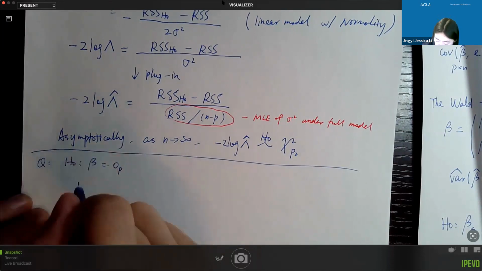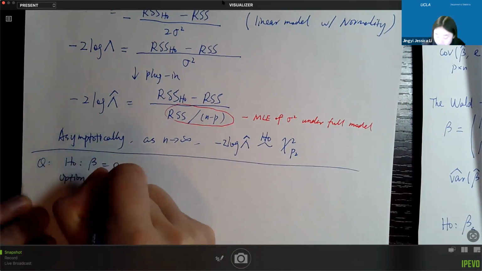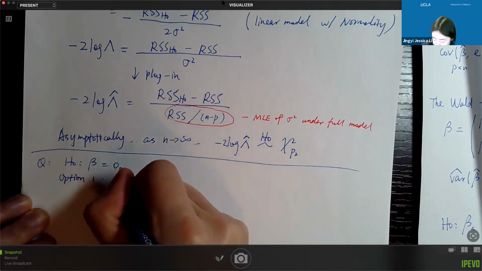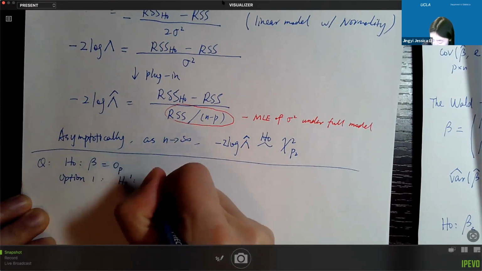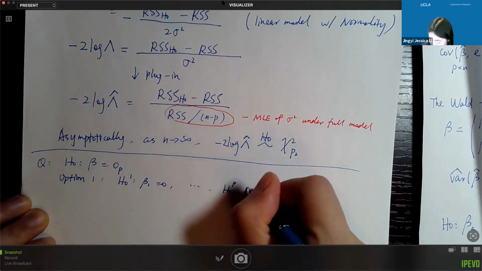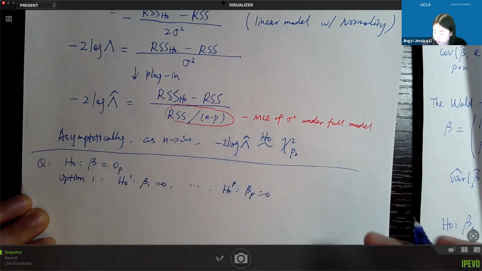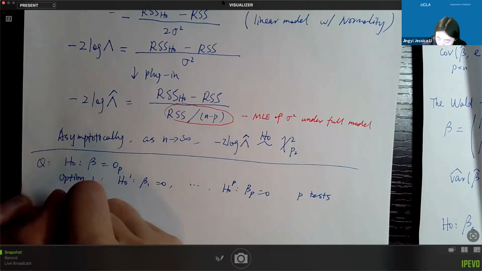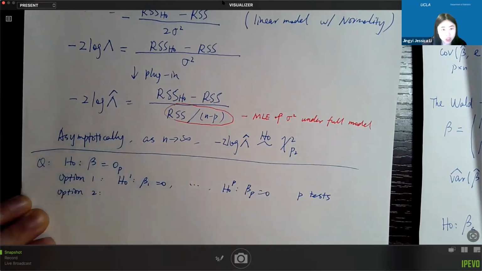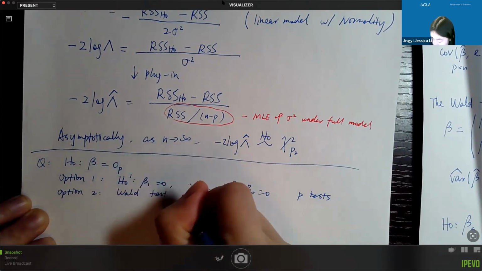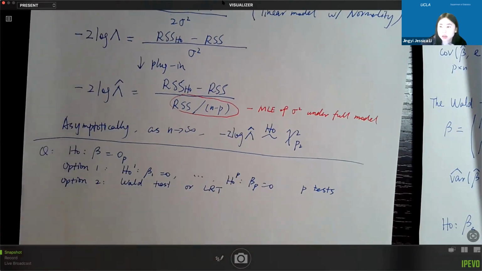One is that I test each beta j equal to 0. So let's say I would have H01, which is beta 1 equals 0, to H0p, which is beta p equal to 0. I could do p tests simultaneously. And my option 2 would be just to do a Wald test or likelihood ratio test. Then what are the benefits of each one? And which one should I choose?